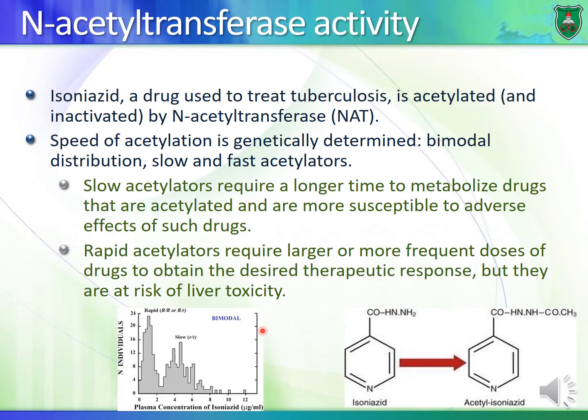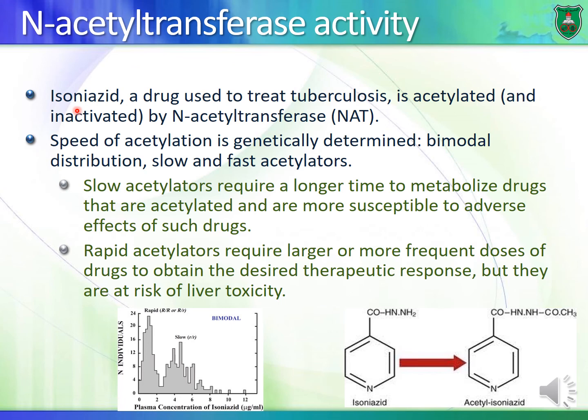So one of the enzymes that are important for drug modification that is not a cytochrome P450 enzyme is N-acetyltransferase. What this enzyme does is that it acetylates many drugs, including isoniazid, which is a drug used for treatment of tuberculosis.